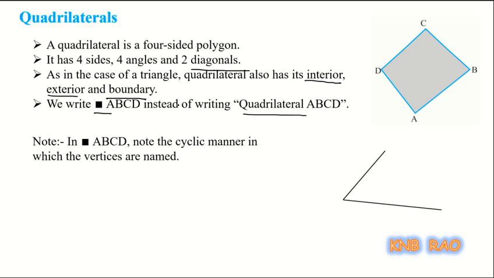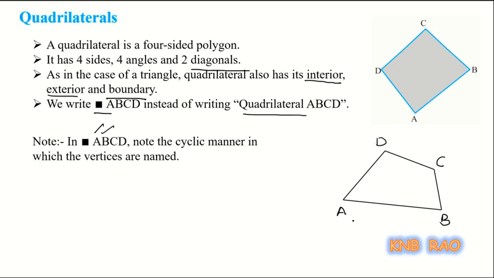Here I got a quadrilateral getting formed. In this quadrilateral, if I take A as given, the next letter should be B only, because in the name after A I have got B, and next to that C and next to that D.